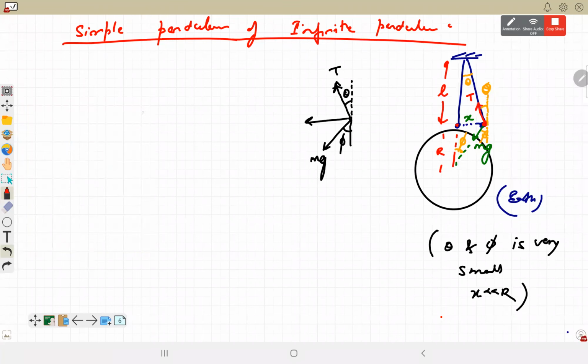How? T cos theta component acts upward, mg cos phi acts downward. When theta is very, very small, cos theta is approximately equal to 1.